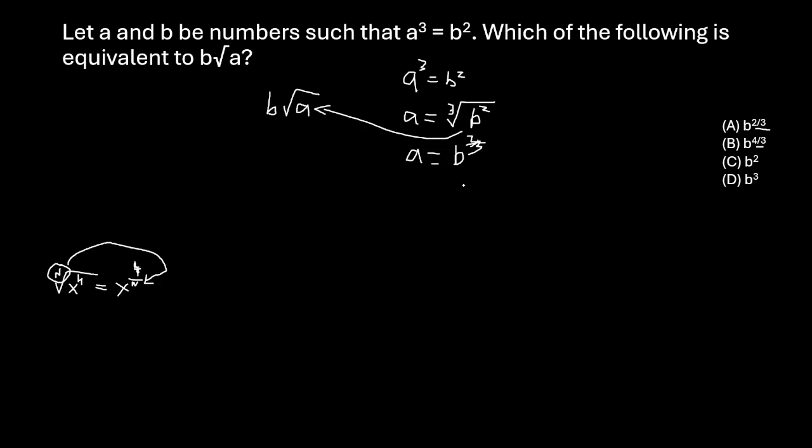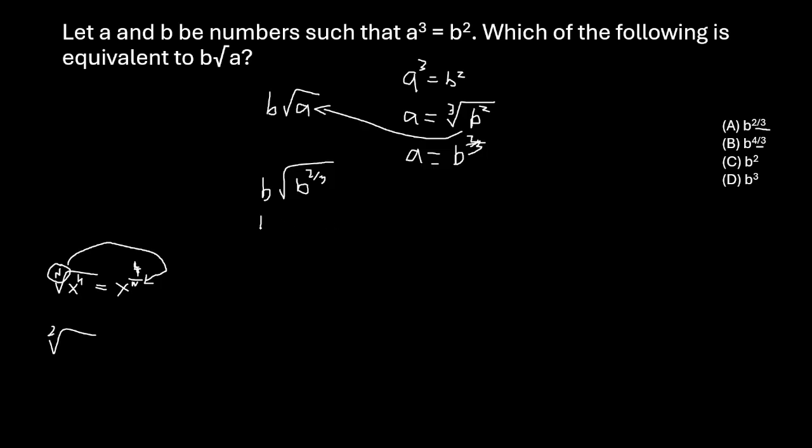Okay, so we have b times the square root of b to the 2/3 power. Now we do the same thing. Square root, that's actually just a 2, you just don't write it there.